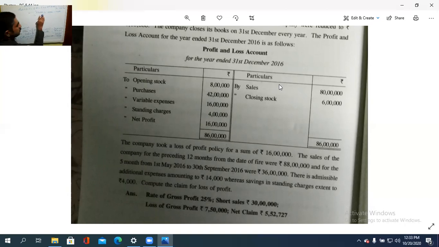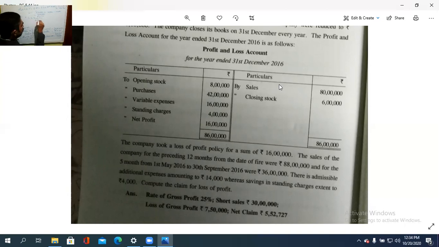So 7,50,000 plus 10,000. 7 lakh how much is it? 60,000.